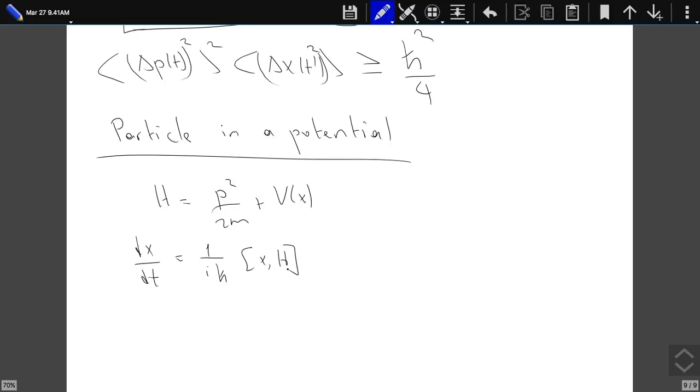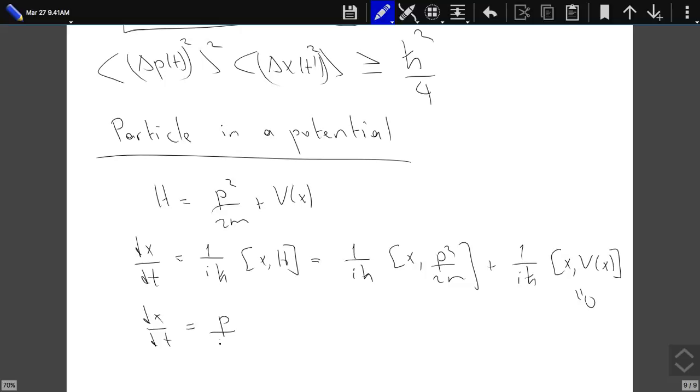So here x is x of t, H is H of t, etc. This equals 1 over i h bar, the commutator of x with p squared over 2m, plus 1 over i h bar, the commutator of x and V of x. Well, x and V of x commute, so this is just 0. We had already calculated the other part: dx by dt is just p over m. So whatever the potential is, the time derivative of the position operator is the momentum operator divided by m.